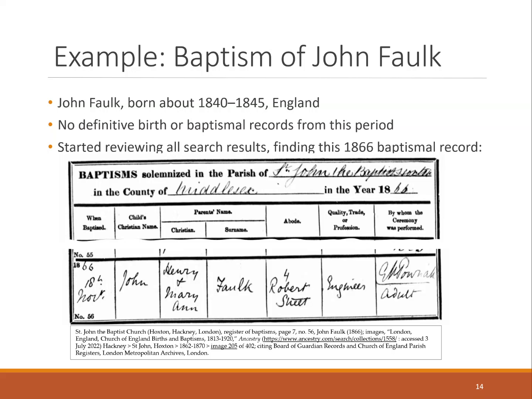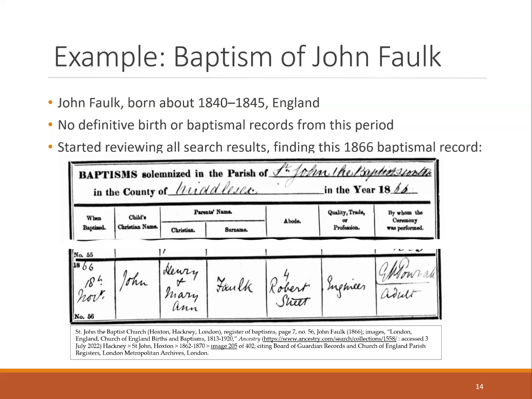If you look at it carefully, even though it was in 1866, I didn't see this before, it says over here that this was for an adult. If you look at all the surrounding records, you don't see this notation except in this one.